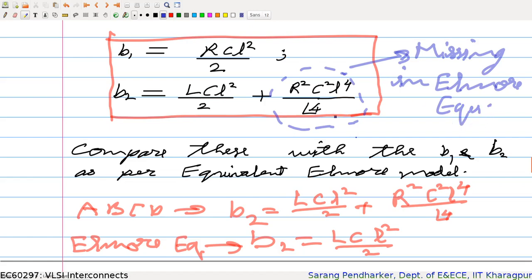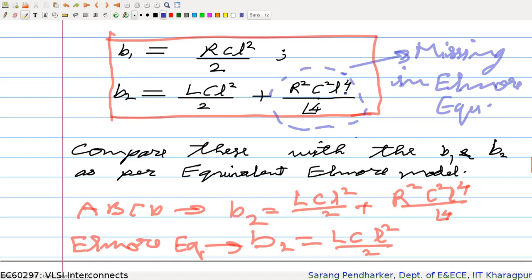So you can note that, if your lengths are small, then this is R square C square divided by factorial 4, which is quite large. I mean, the denominator is quite large. So you can ignore this term compared to this term if your inductance is larger or dominating over the resistance.